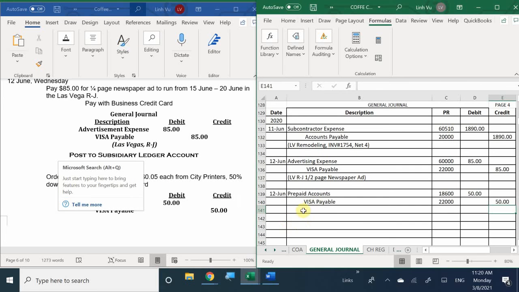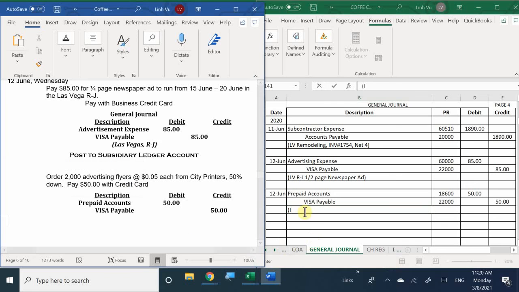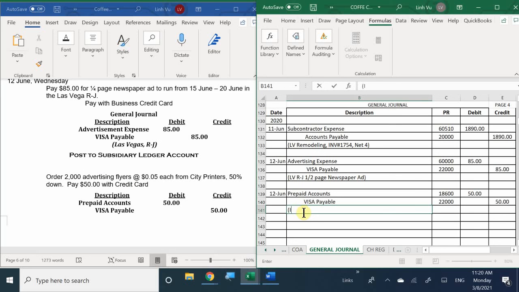And I'm also going to make a note here since I have everything I need, right? Nothing else is affected. I'm going to go ahead and place it right here that the vendor is going to be City Printers, for 2,000 flyers at 5 cents each, 50% down.